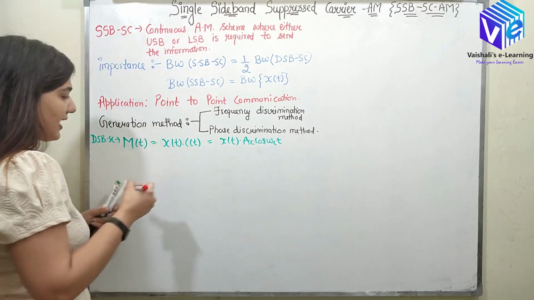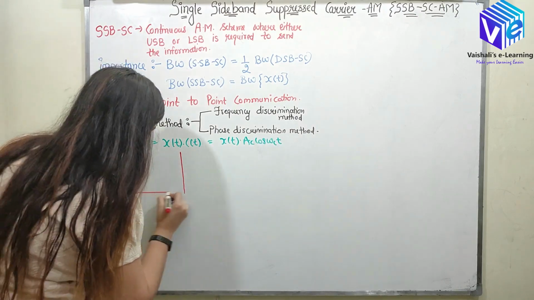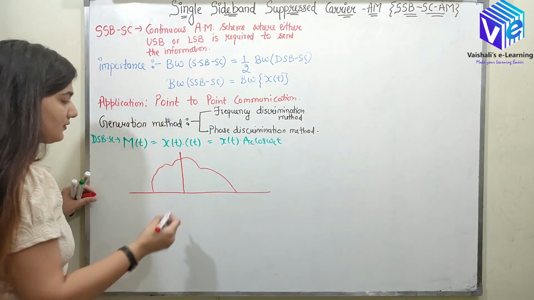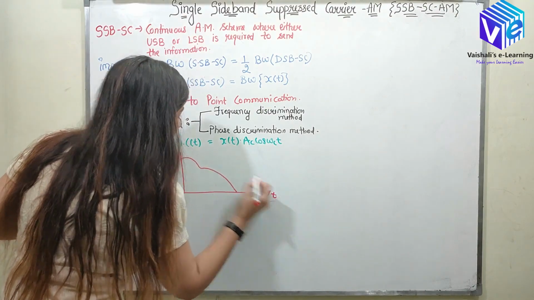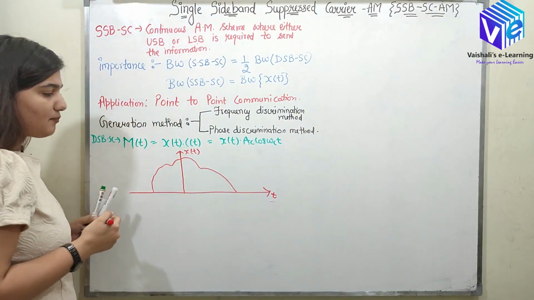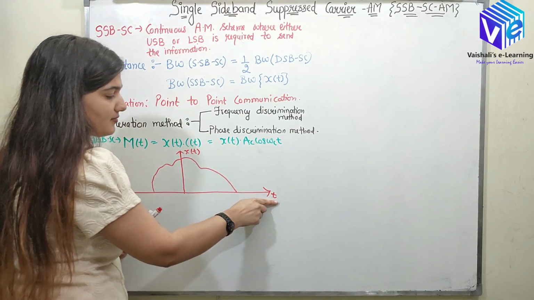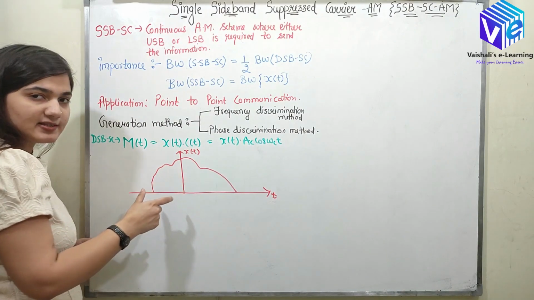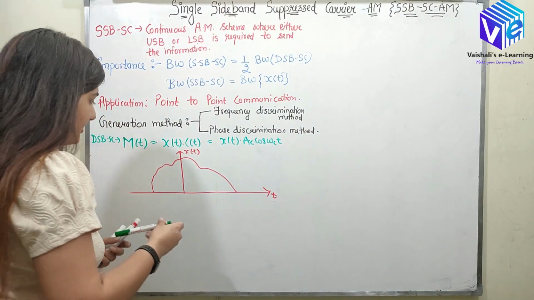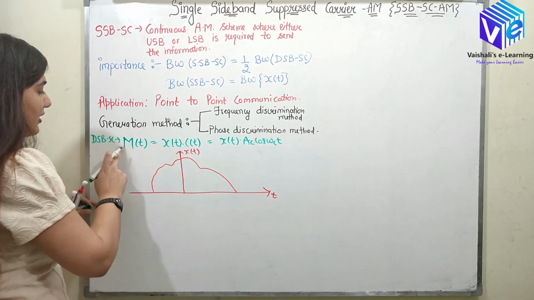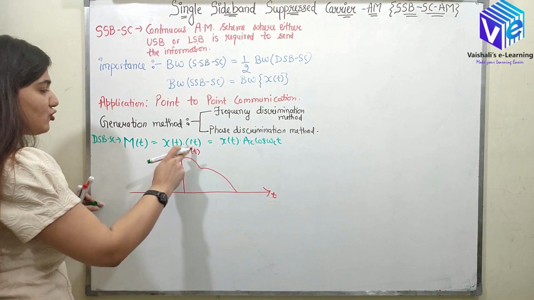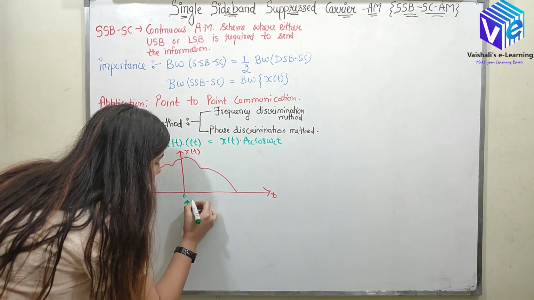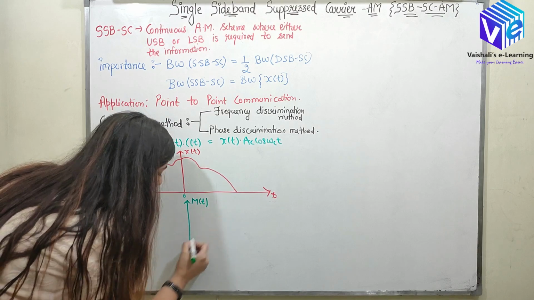So let's suppose this is my x(t), here this is my time axis and this is my amplitude. So this diagram represents my x(t) information signal or message signal. Now what happens when the message signal is superimposed on the carrier? It was at the zero frequency.